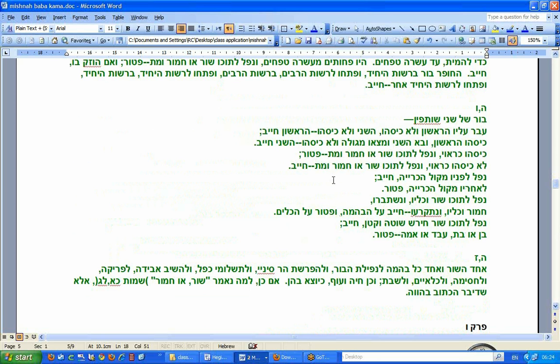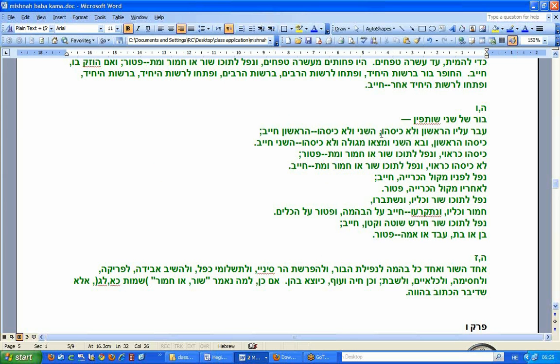Now here we have interesting ones. Now we're going to get some other ones. Bor shel shnei shutfin, right? We have a bor that's owned by two shutfin. Avar Ulav harishon v'lo kasu. The first shutaf passes by the bor, and it's open, and he doesn't close it up, right?